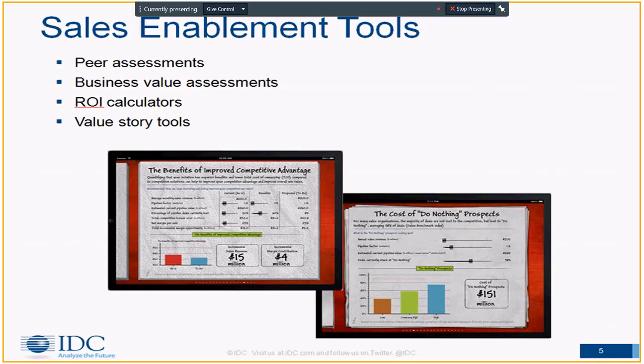I can also use these kinds of tools, as shown here, to talk about value creation for the customers, and I can do things like ROI calculators, return on investment calculators, where I can tell the customer for every investment they make in buying your product, what are they going to get and how quick is the payback period going to be.